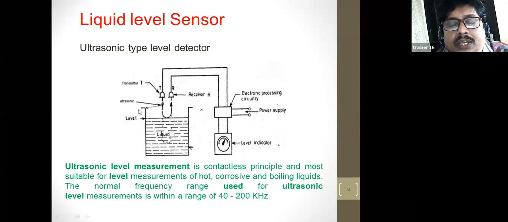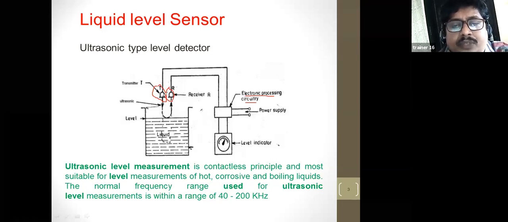In this, here the tank is there, some liquid is there, and here two components are there. One is a transmitter and another one is a receiver. Here the power supply is there and the electronic processing circuit, or we can also call it an electronic control circuit, electronic processing circuitry.